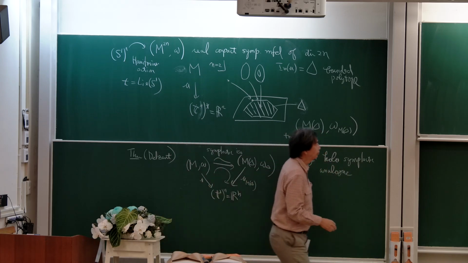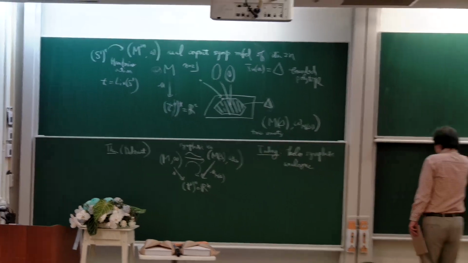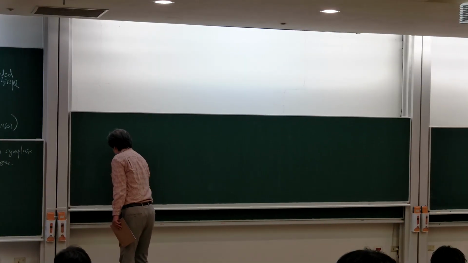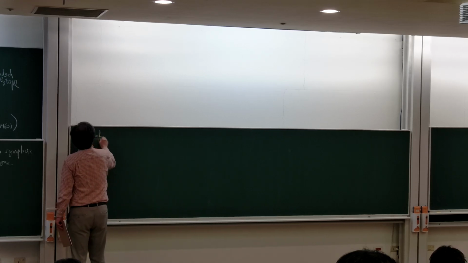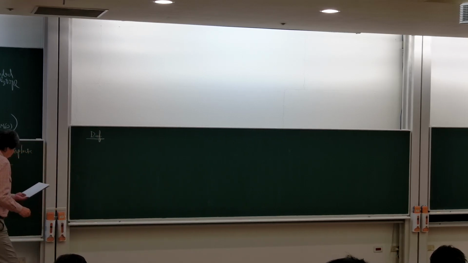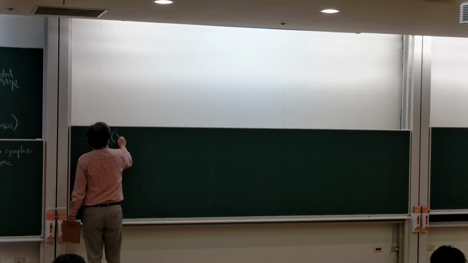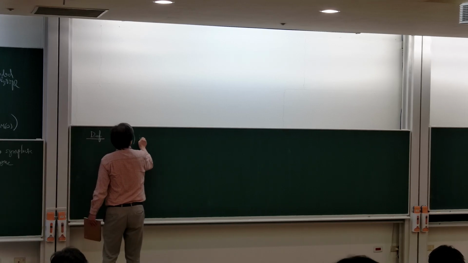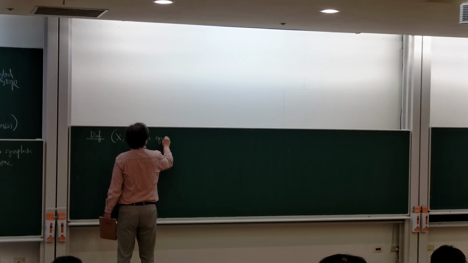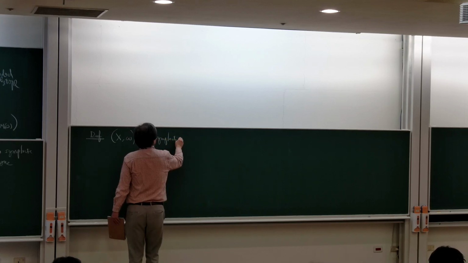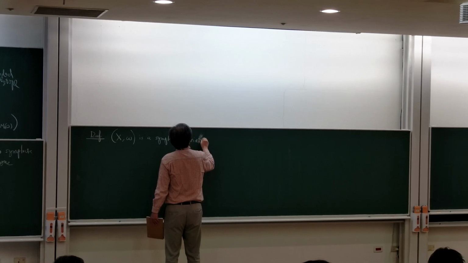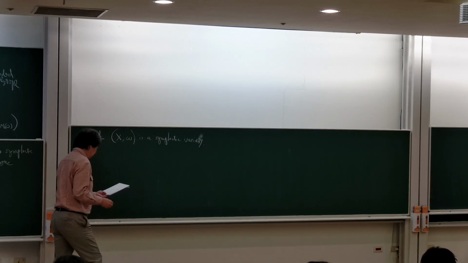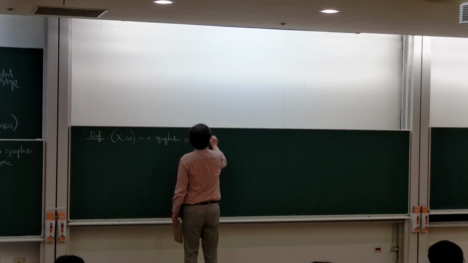So let me start with a definition. (X, omega) is a symplectic variety of dimension 2n if the following holds.